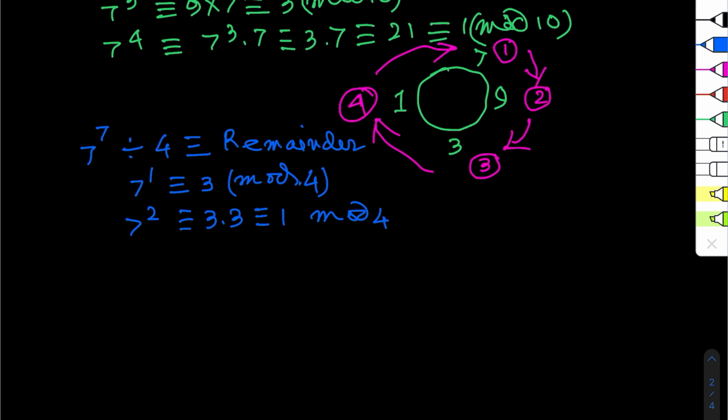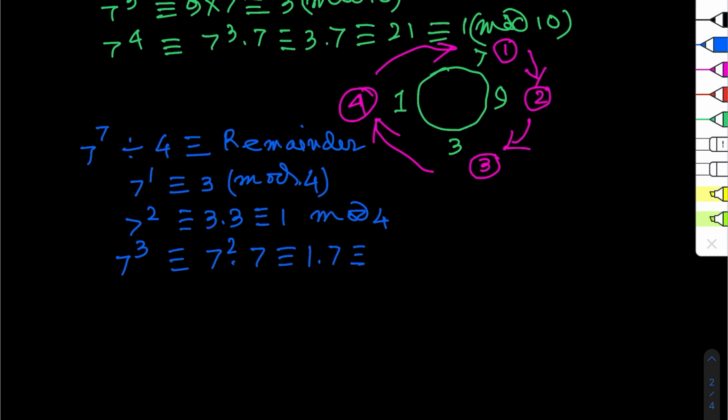And then 7 to the power 3 is just 7 square into 7. For 7 square we get 1, and then 7.